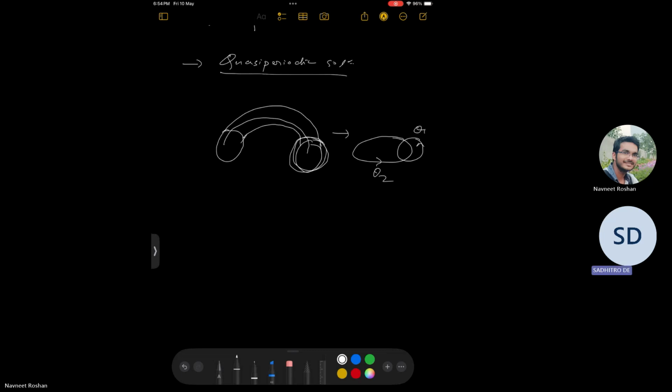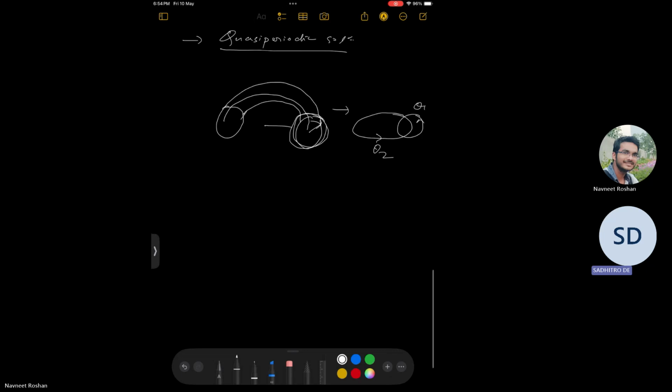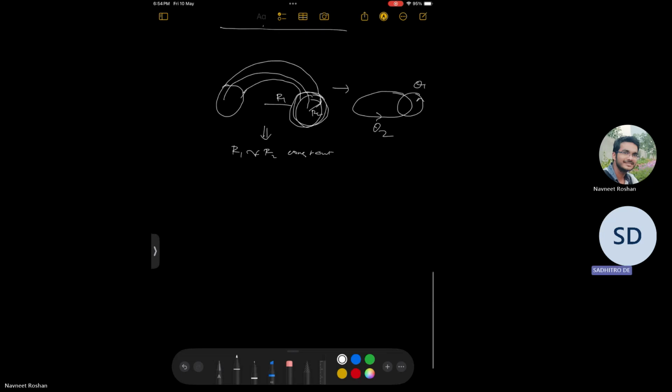So any trajectory which starts off on the surface of the torus, and we assume that the radius of the torus does not change. The radius of both this radius as well as this radius, we assume them to be constant. So when we assume the radii of the torus to be constant, so if R1 and R2 we call these radii, if R1 and R2 are constant, then basically the trajectory will stay on the surface of the torus forever.